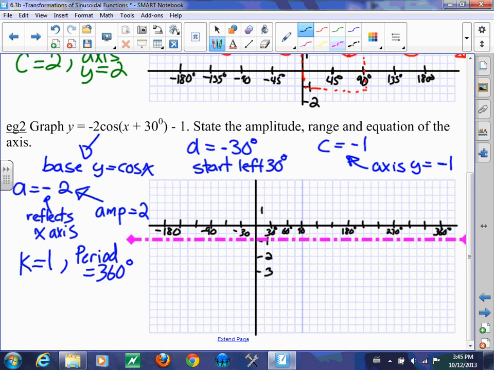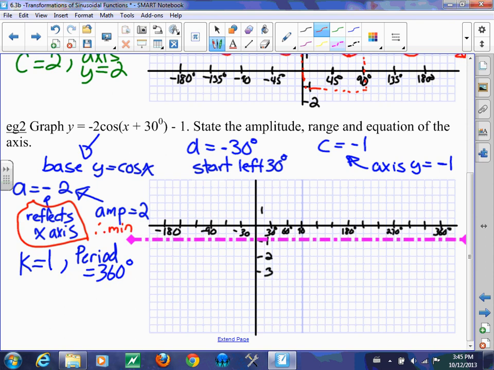So what we need to know, folks, is first of all, we're at our cos x, and our equation is y equals negative 1. The thing to remember, folks, is this. This is where people get confused. It reflects the x-axis. So normally cos would start at its maximum, so therefore it's going to start at its minimum.